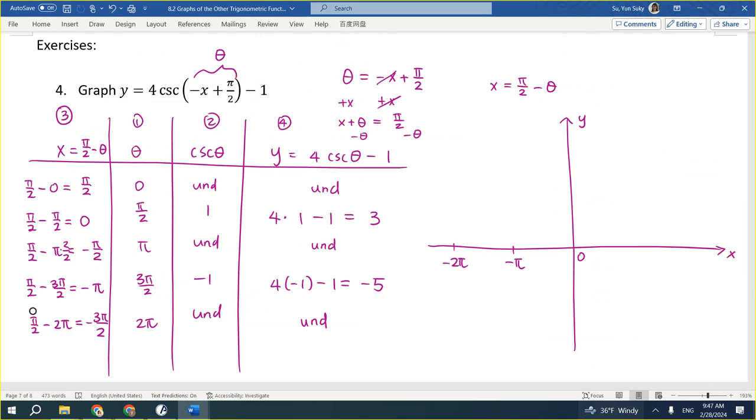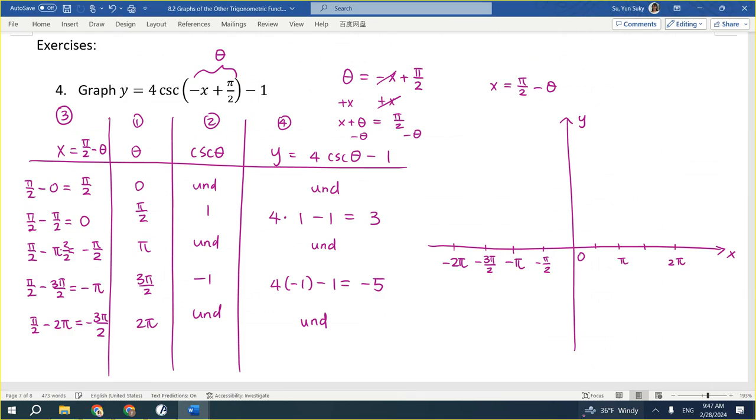Yes, everybody? Okay. And yeah, we need more, because then the middle here will be what? Negative 3 pi over 2. Yeah? And here is negative pi over 2. And also here is 2 pi.